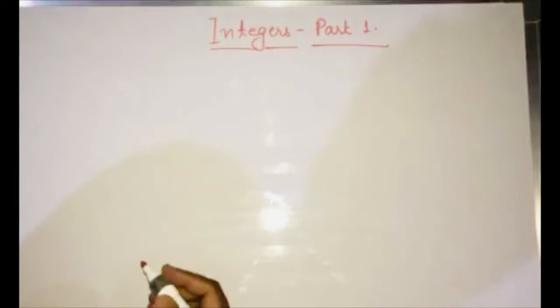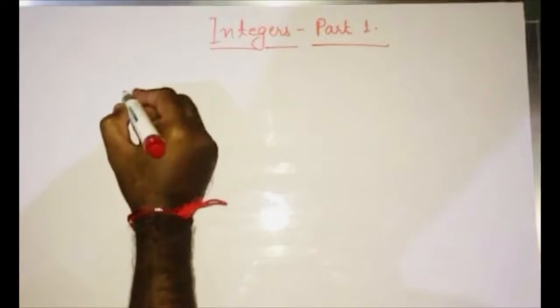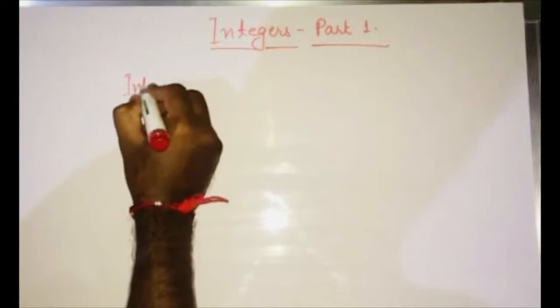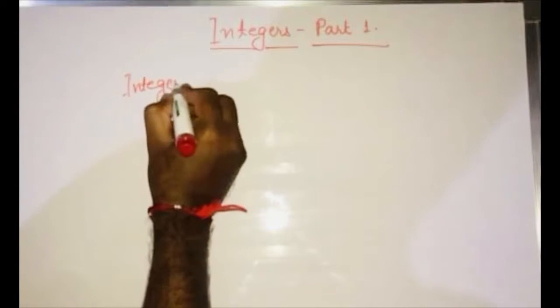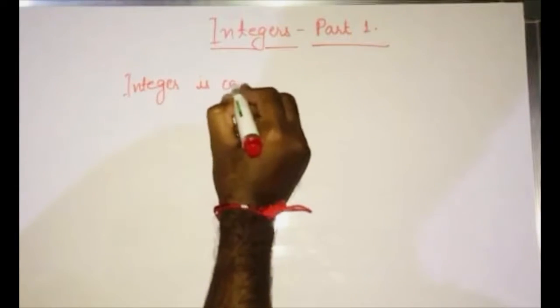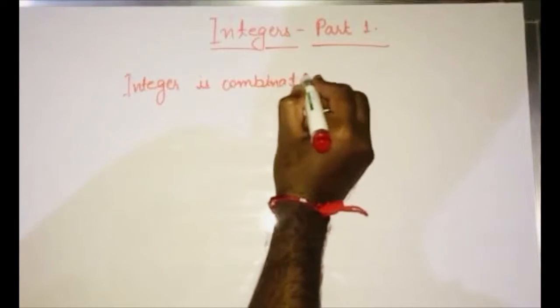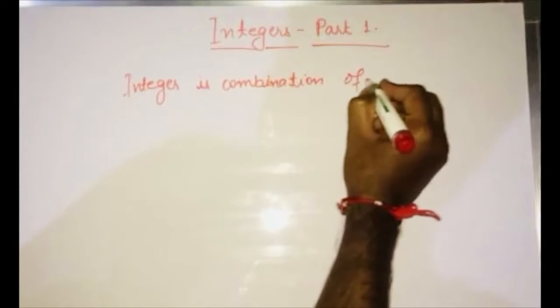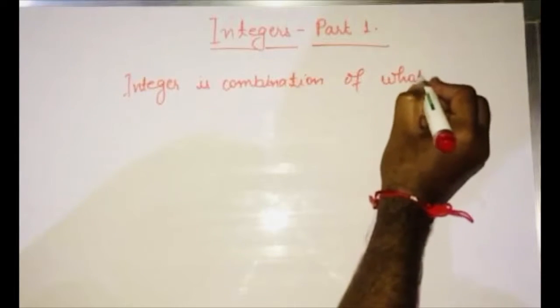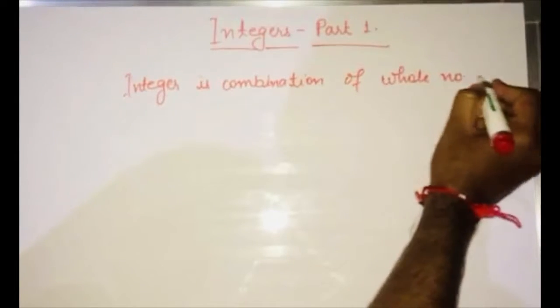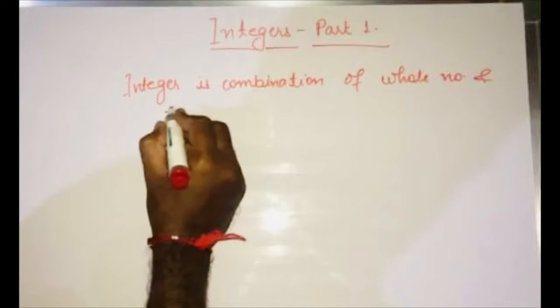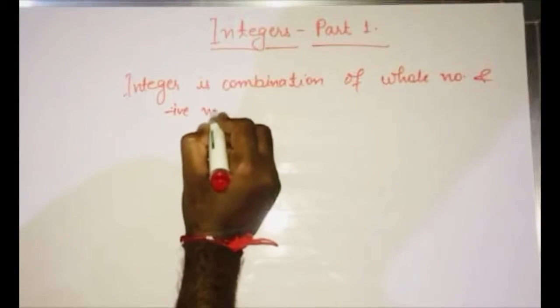So, what is an integer? In basic terms, an integer is a combination of whole numbers and negative numbers.